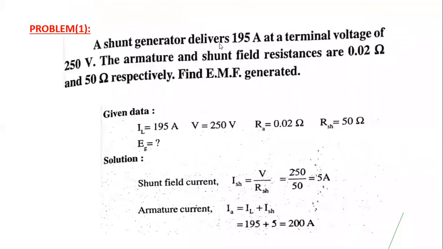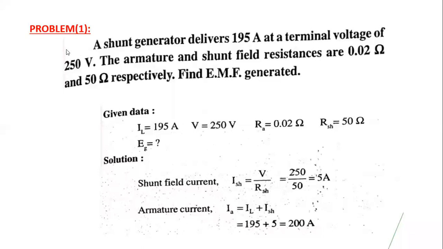A shunt generator delivers 195 amperes. Delivers means that is the load current, therefore IL is equal to 195 amperes, at a terminal voltage of 250 volts.